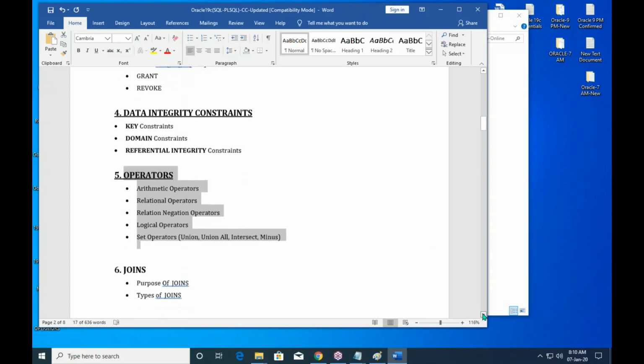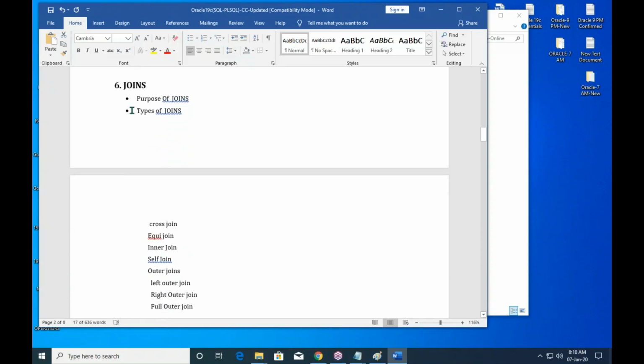What are the different operators? And joins, one of the most important concepts: cross join, equi join, inner join, outer join, left outer, right outer, full outer, natural join. That point we will discuss.